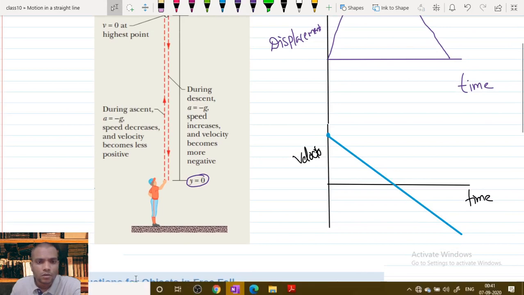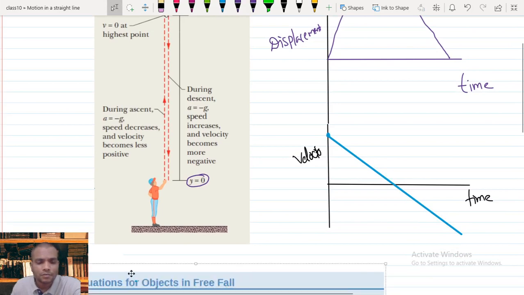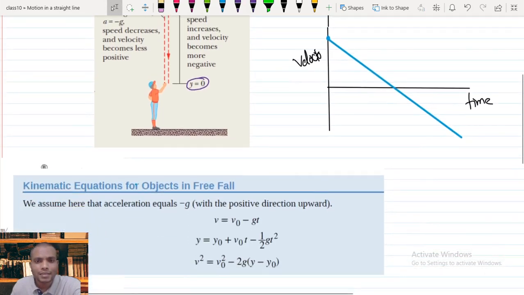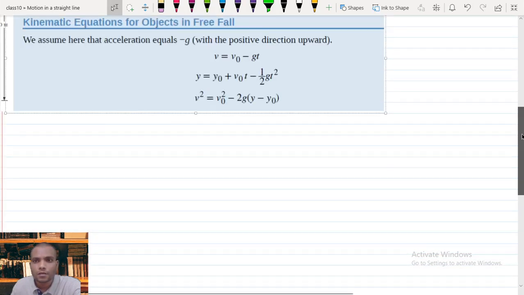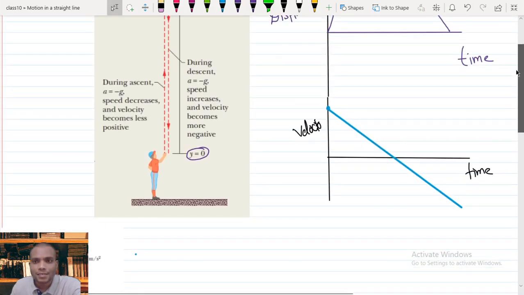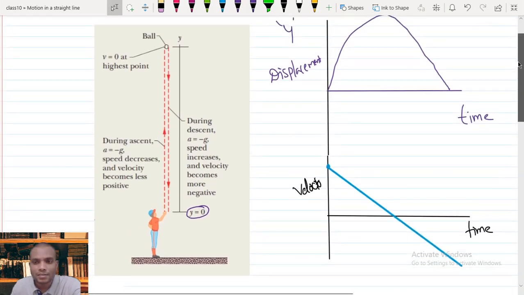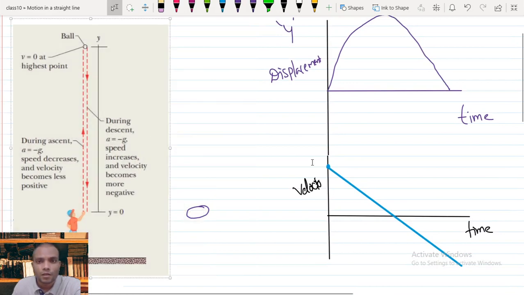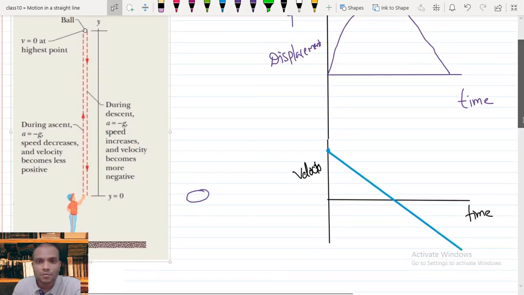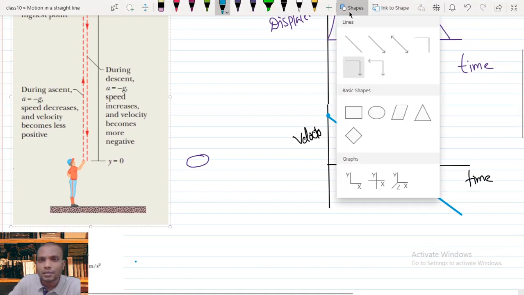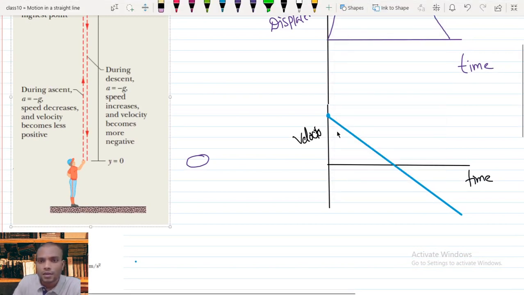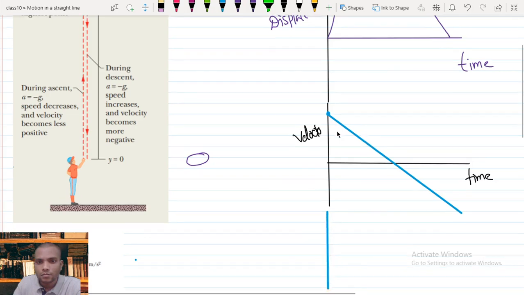If that is the velocity versus time, what about the acceleration? Try to plot the acceleration versus time graph for this case.